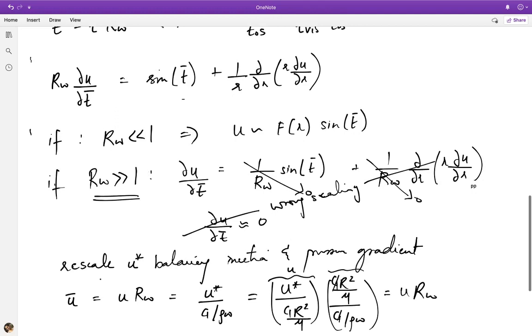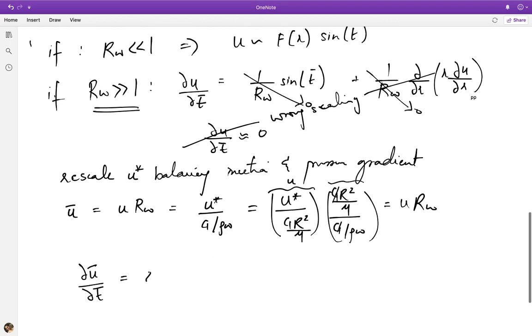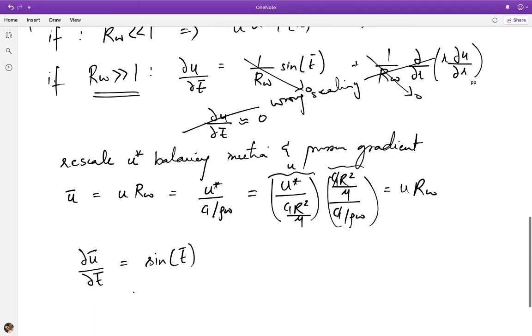And if we do that now, we can do it quickly here in this fashion, noting u is u bar by r omega. You'll see the r omega leaves the inertial term, which is appropriate now because the inertial term is a dominant term in the physics of this limit of the problem. I'll get sine t bar, right, because nothing changes here. So you can already see that this makes sense now because these two terms are going to be retained no matter what in the limit of large R omega.